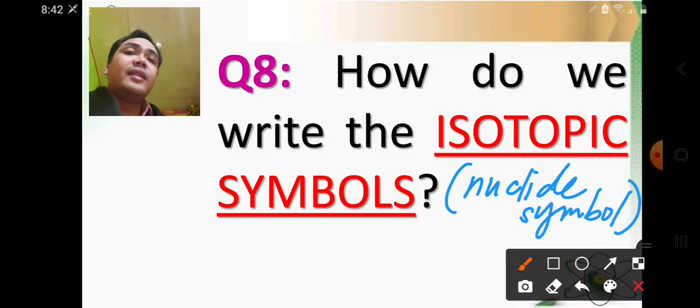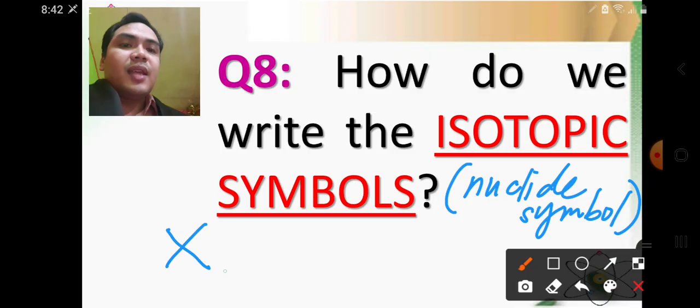Okay, the nuclide symbol, also known as the isotopic symbol, you are referring exactly to the same thing. So going back to our question, how do we write the isotopic symbol? So in order to write the isotopic symbol, first you will write the chemical symbol of an element. Okay? Denoted by X. So this is the symbol of the element.